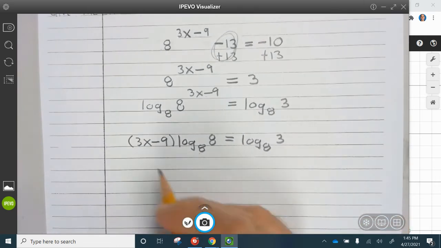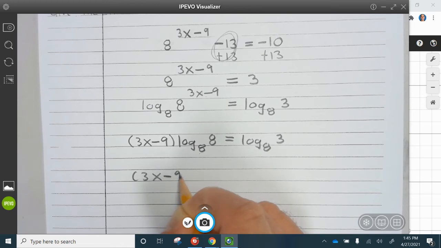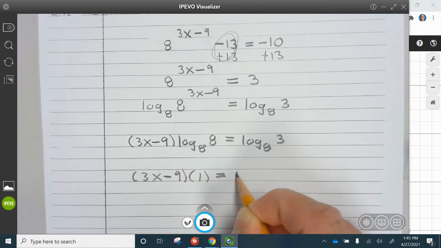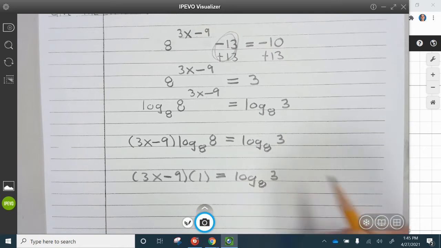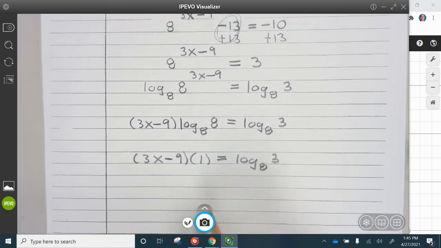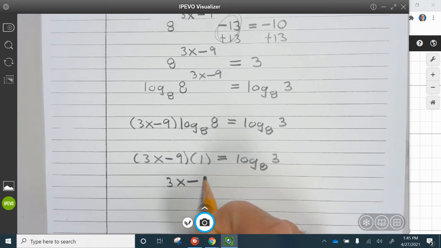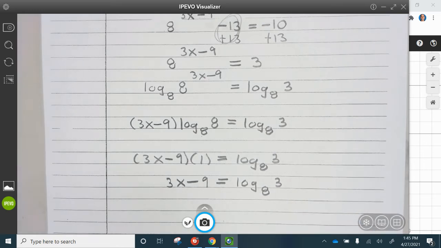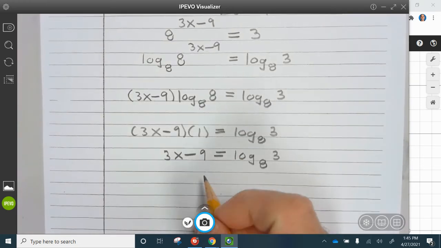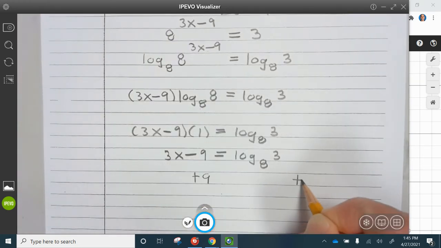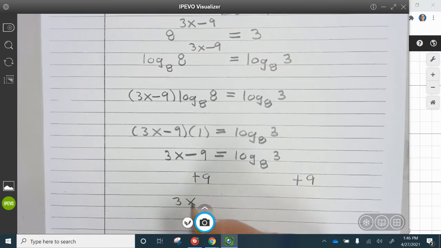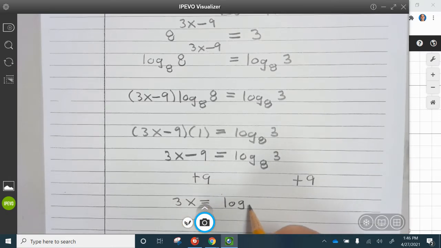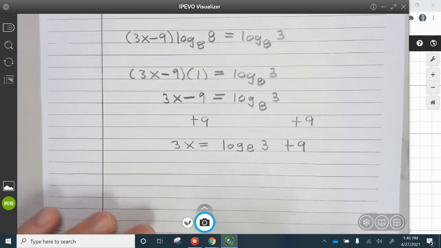Now, this is 1, so that becomes 3x minus 9 times 1 equals log base 8 of 3. Well, this times 1 is just 3x minus 9 equals log base 8 of 3. Okay, let's add 9 to both sides. So we have 3x equals log base 8 of 3 plus 9.